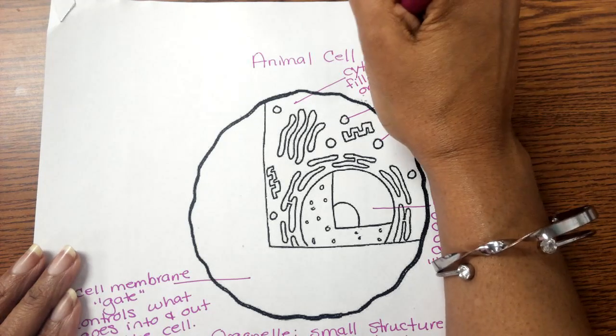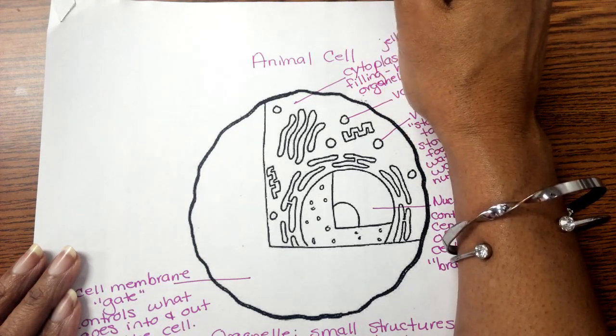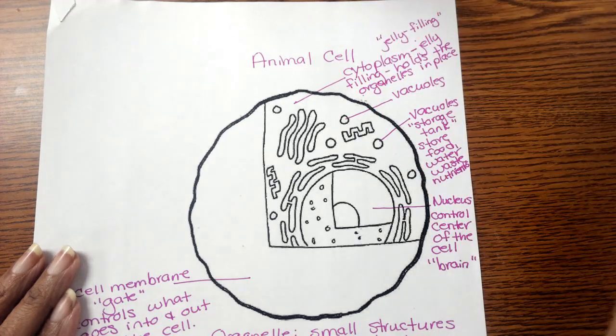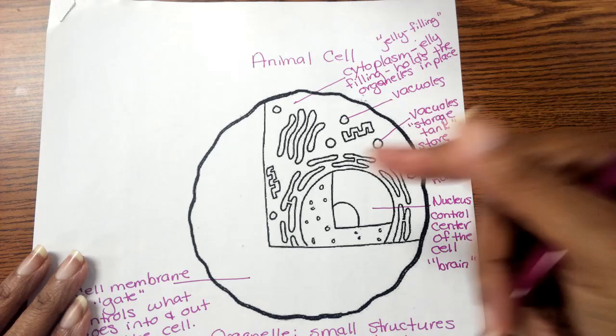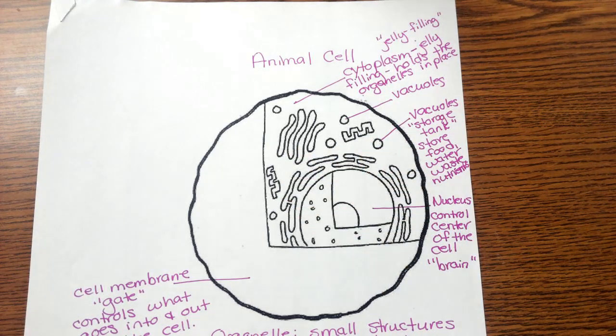So the nickname for this, we'll call this the jelly filling. And the cytoplasm also acts as a cushion to protect all these little organelles. Okay? I'll give you a second to write.